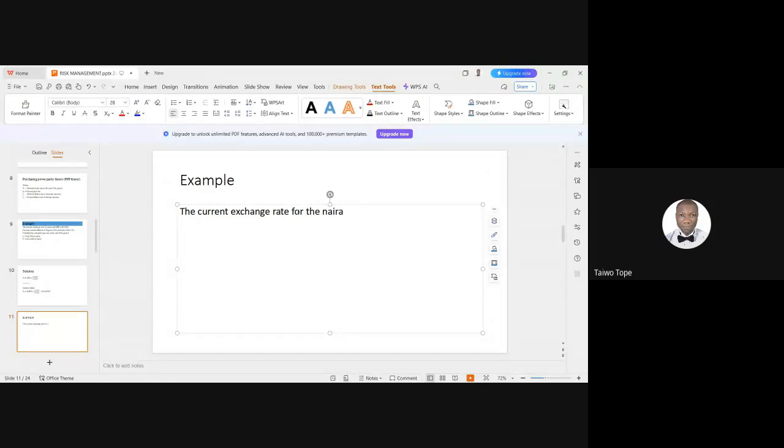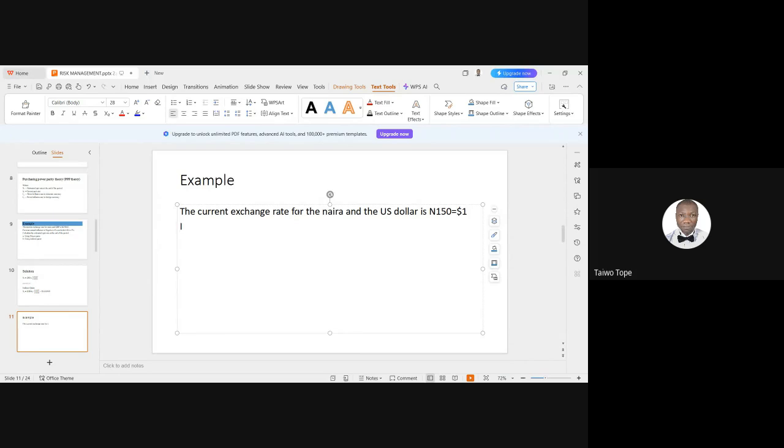The current exchange rate for the Naira and the US dollar is 150 Naira to $1.